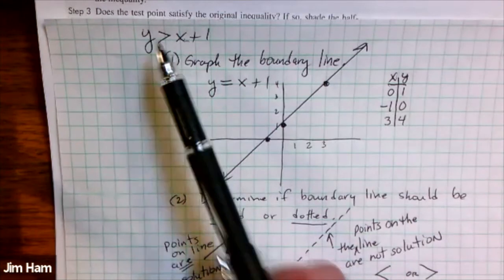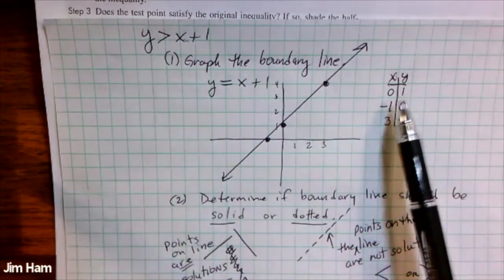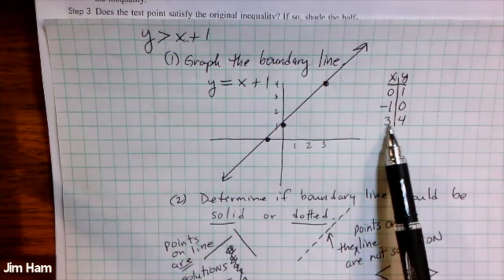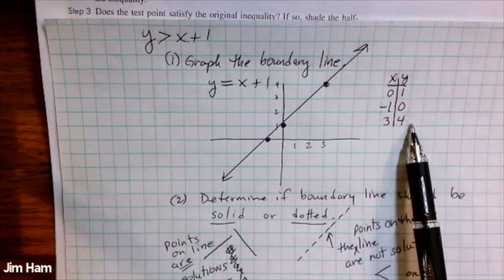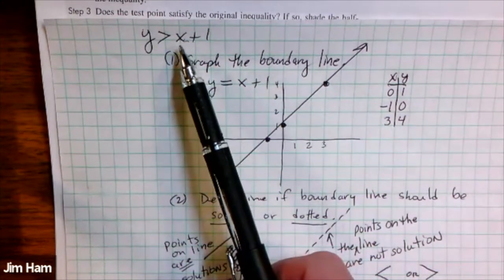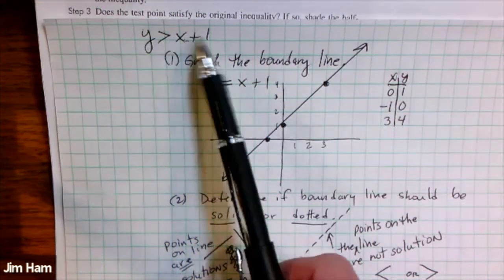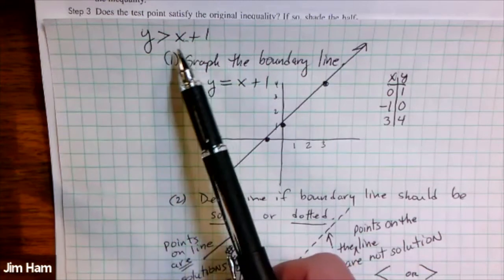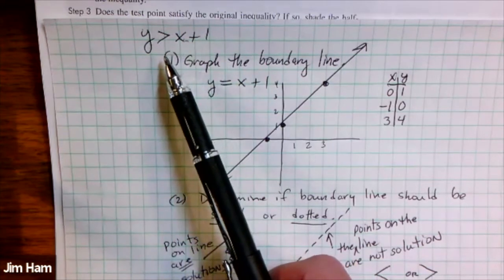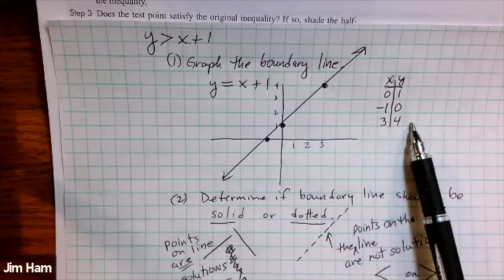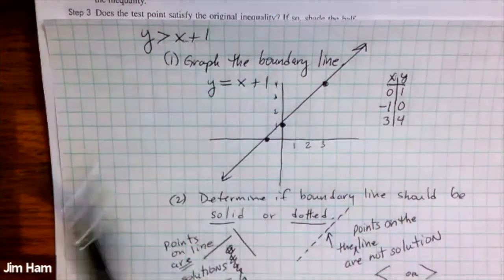Now, our original problem had the greater than sign. So you can see of all these points on the line, if you take 3 and 4, where x is 3 and y is 4, and you put the 3 in there for x and the 4 in there for y, you're going to end up with 4 is greater than 3 plus 1. 4 is greater than 4. Now that's a false statement. So this point, while it's a solution to the boundary line, it's not a solution to the inequality.